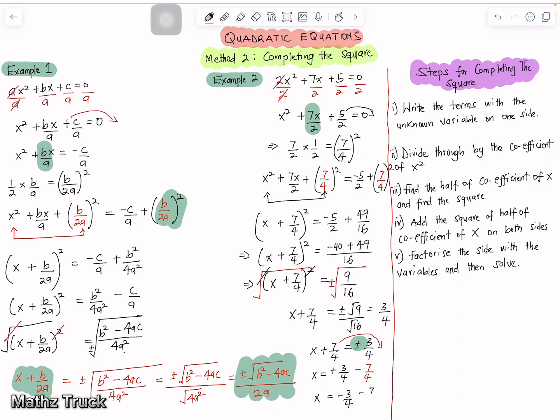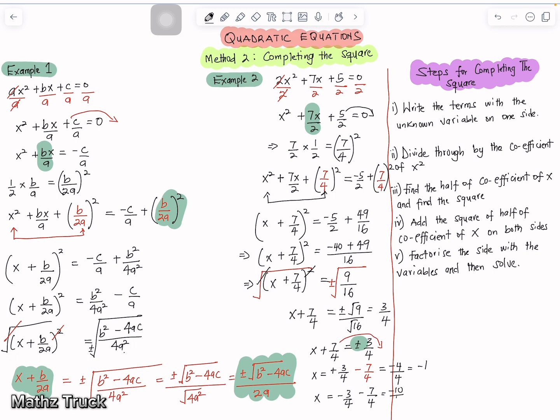minus 7 over 4. So solving this independently, since we have the same LCM, this will give us 3 minus 7, which gives us negative 4 over 4. Answer being negative 1. And then having negative 3 minus 7 would give us negative 10 over 4.